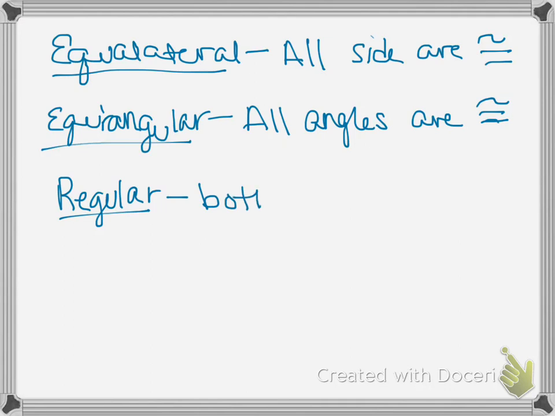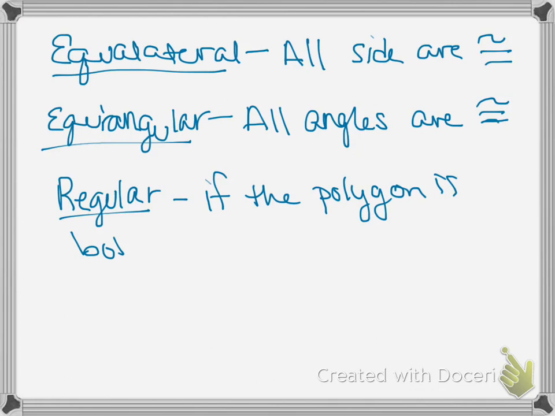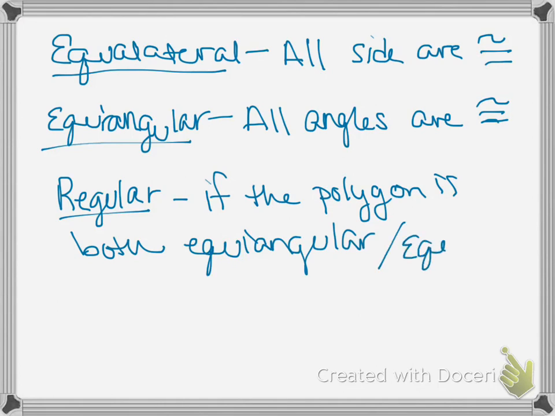So this is when both, let me rewrite that. A regular polygon is if the polygon is both equiangular and equilateral.